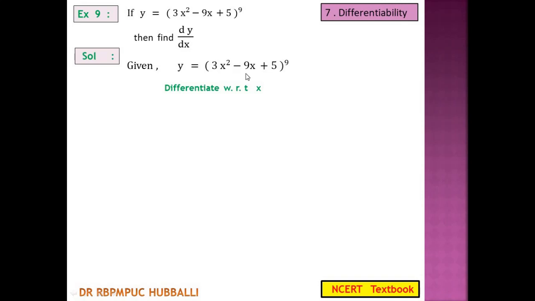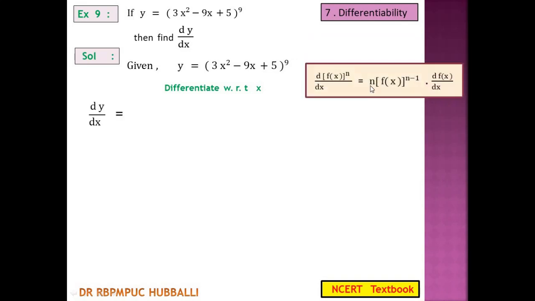It is (3x square minus 9x plus 5) whole raised to 9, which means it is function raised to n. So dy by dx is given by following this rule. First n as it is, 9, function as it is, and take one less, it is 8, d by dx of the function, that is 3x square minus 9x plus 5.